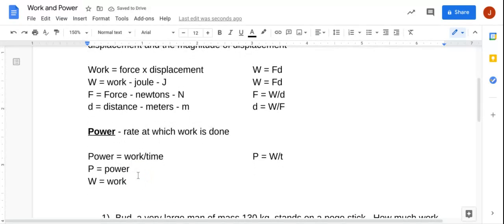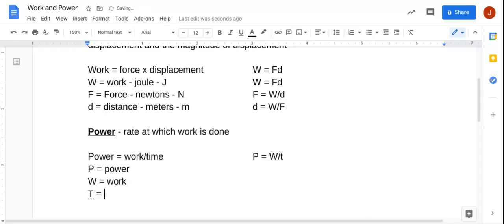And T should sound familiar, T is for time. Just so we have it here, we're going to put our SI units with these. The unit for power is the watt, which is also a W. Work, again, is the joule, which is a J. And time, we should know, is seconds, or s.